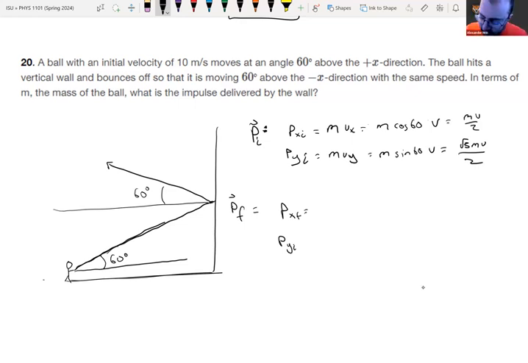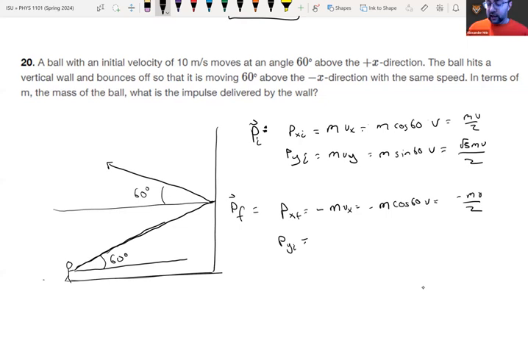So this time it's going to be negative m v sub x, which would be negative mv, and it's still the cosine of 60. Cosine 60 degrees, and it says the same speed, so it's still just v, and this would be negative mv over 2.